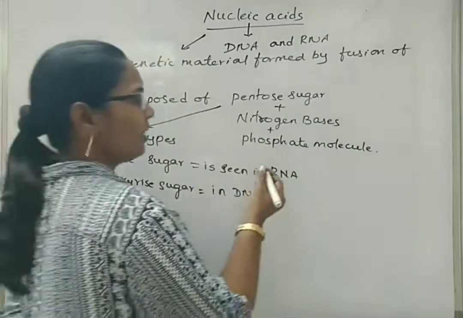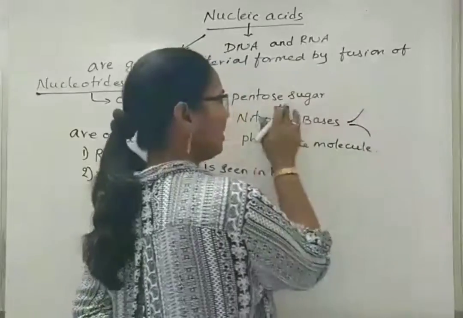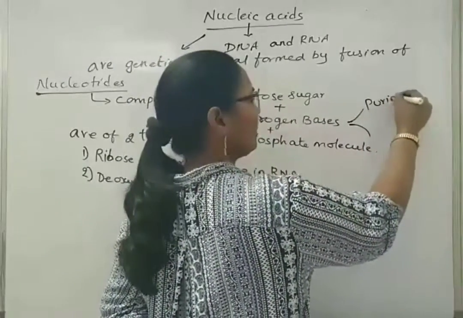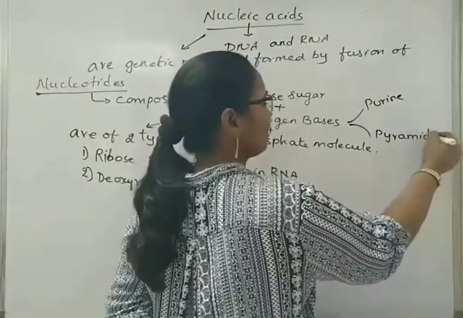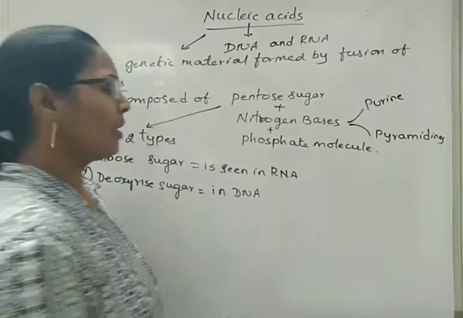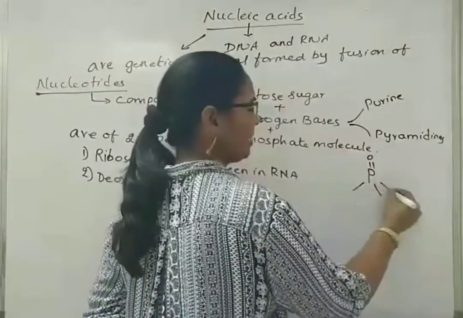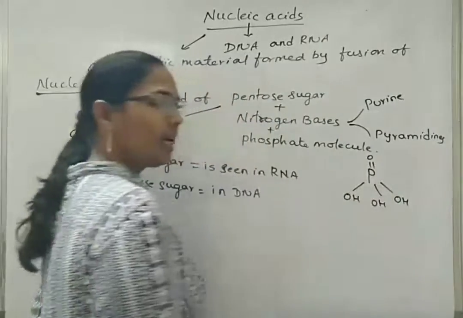Then what about nitrogen bases? Nitrogen bases again are of two types, like pentose sugar. One is purine type, another one pyrimidines. Now, one phosphate molecule will be involved in the reaction. Its basic structure will be like this in case of nucleic acids.